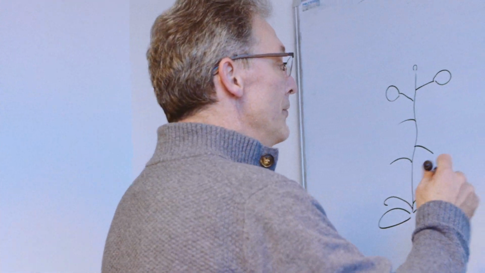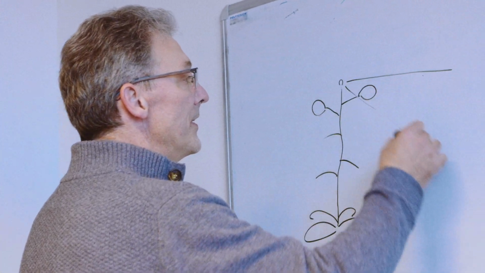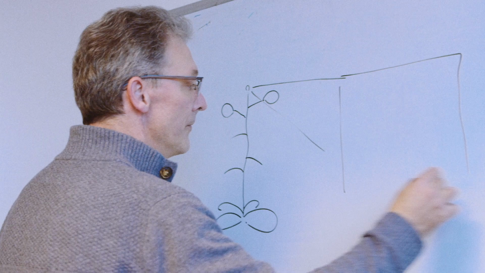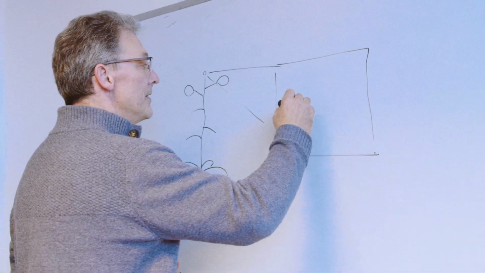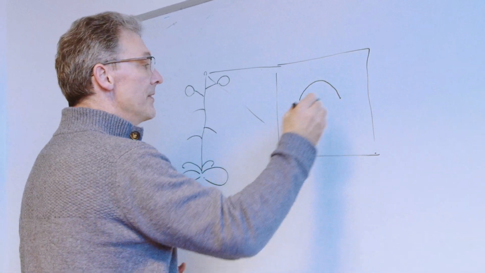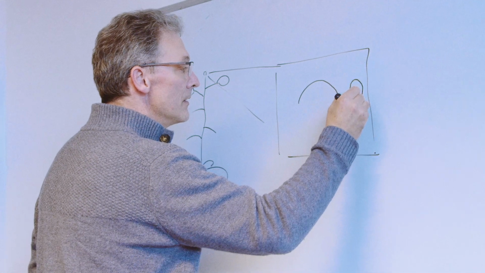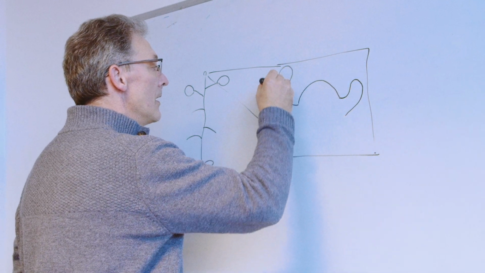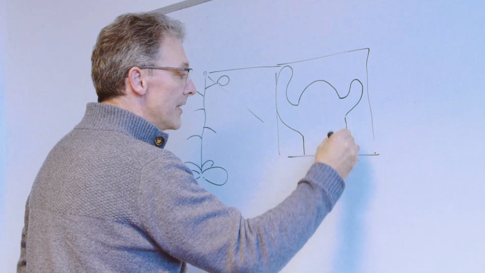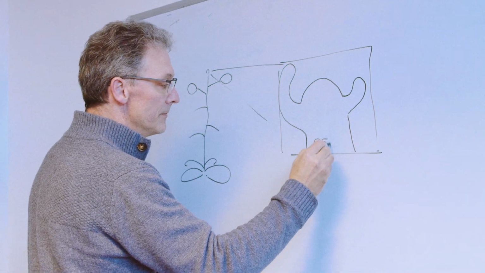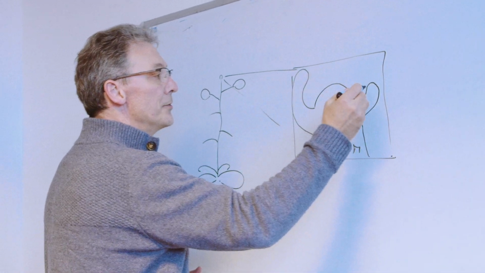So if you look at this in a more detailed manner, if you make a close-up on this, what you observe is that it is like a small dome, like this, that is producing lateral organs, and this is the stem, and these are the young organs.